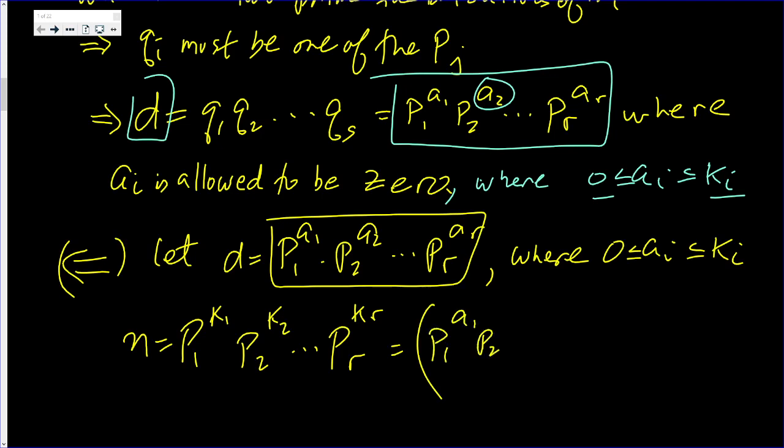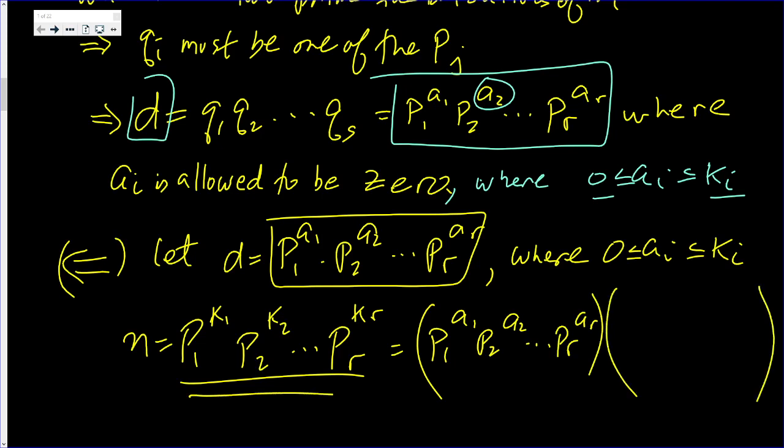And I'm claiming that D, this representative of D, is a factor. P1 to the A1 times P2 is a divisor, which means when you factor this, D is going to be a factor. P sub R to the A sub R. That means I need to find something to multiply it by that equals N. Well, I can multiply by P1 to the K1 minus A1.